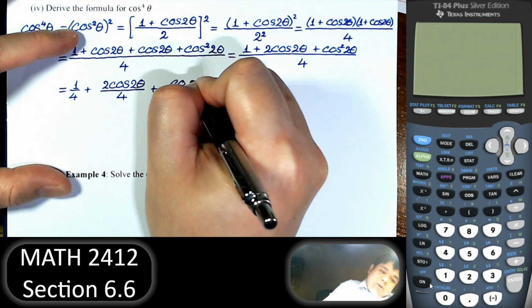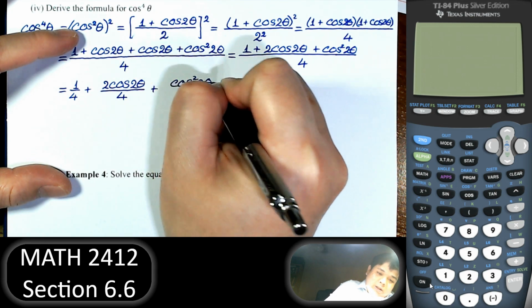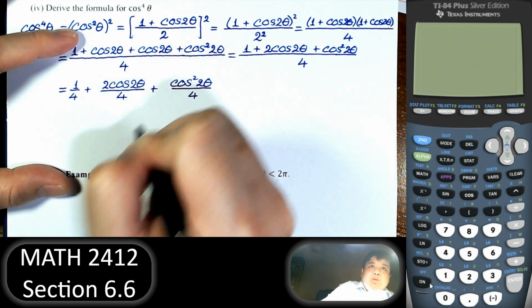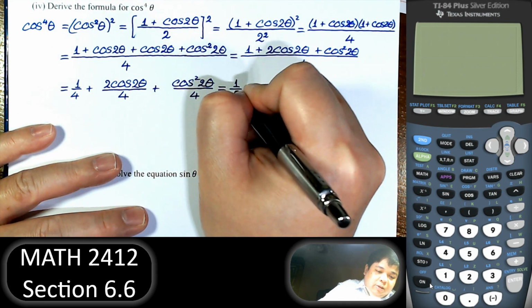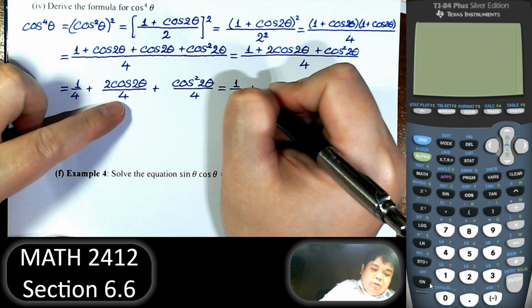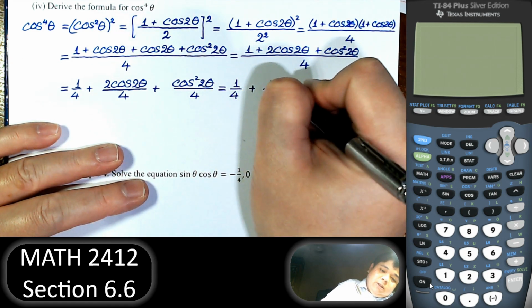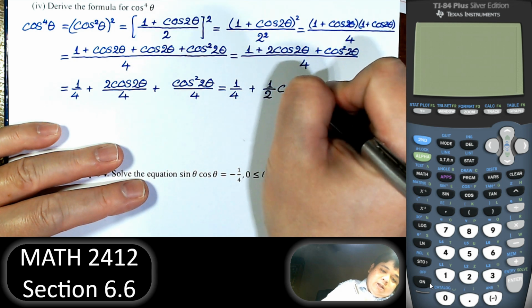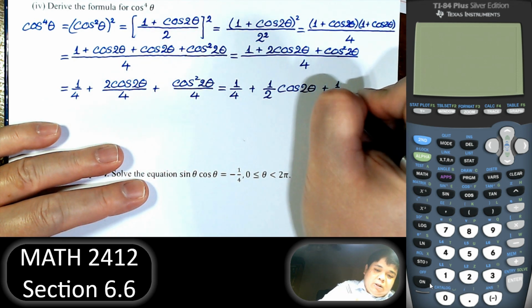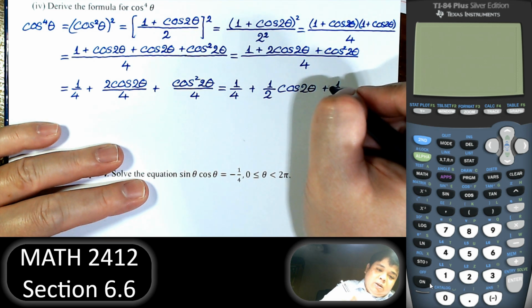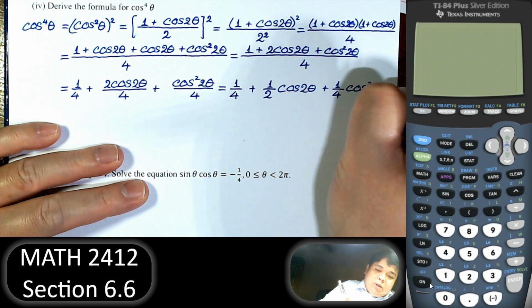And then cosine square over 4. We split it out like that. Then we have 1/4 plus 2 over 4 is 1/2 cosine 2 theta, and then 1/4 cosine square of 2 theta.